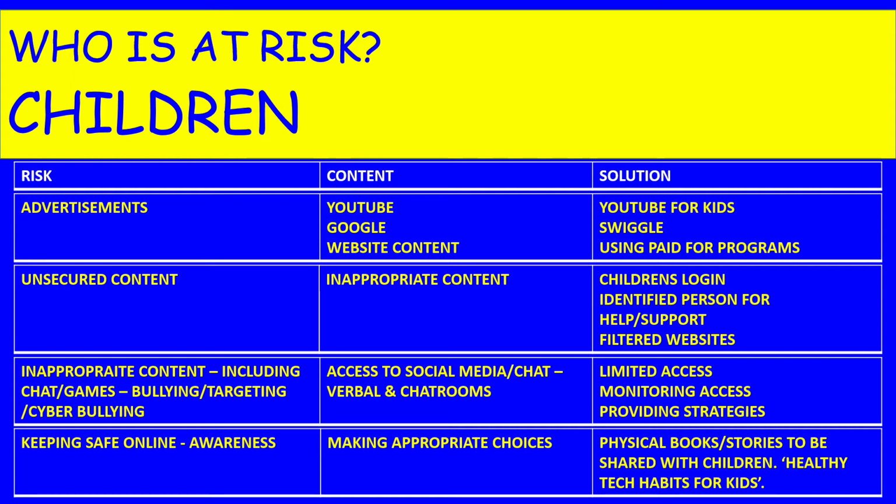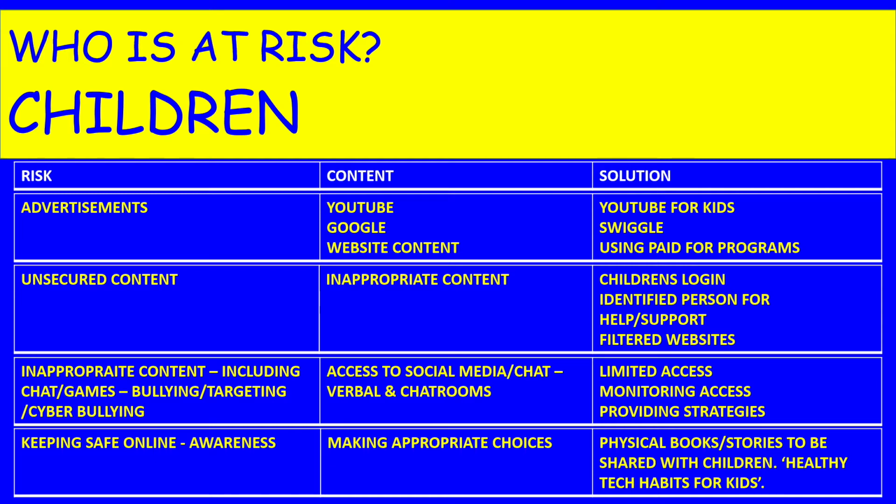Okay, the second thing we're looking at is unsecured content. So things that are inappropriate for children. You'll all know that once you go through the internet, you've got lots of things that are easily accessed by children, by adults. You click on them, they take you to something that's not really appropriate for our children.